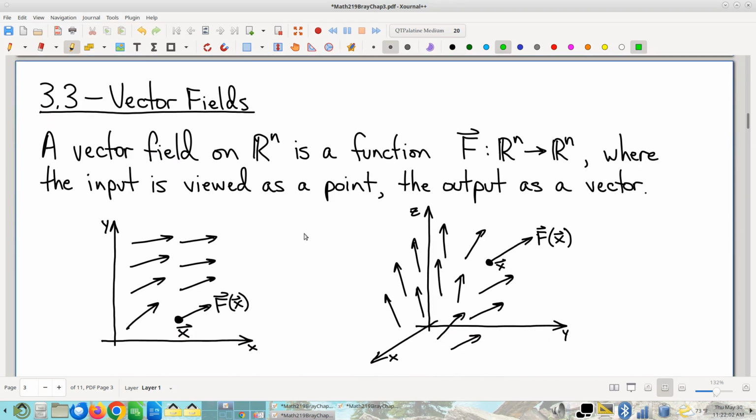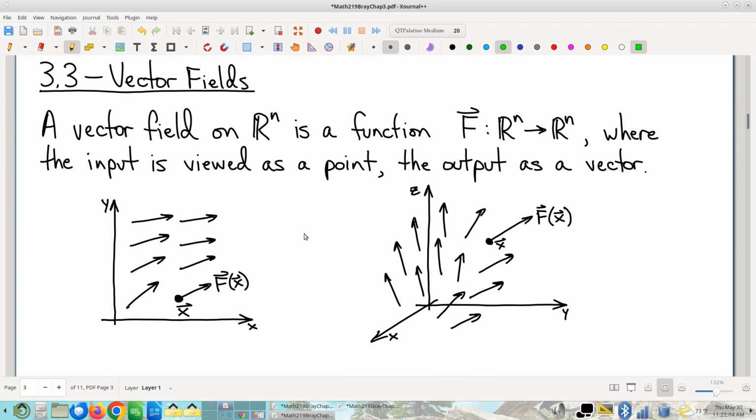Let's move along. Section 3.3, we're going to talk about vector fields. This is a big deal in chapters 6 and 7. There are pedagogically different ways to introduce vector fields. Some books introduce vector fields when they're needed, which would be later.